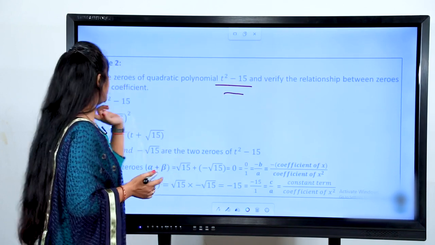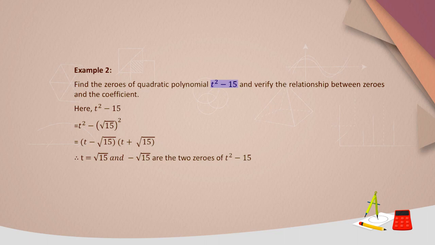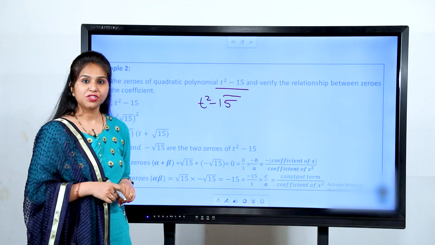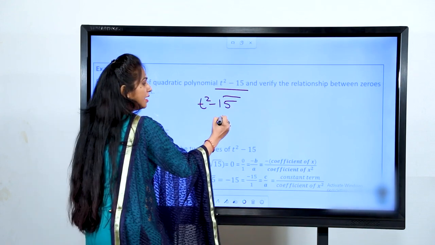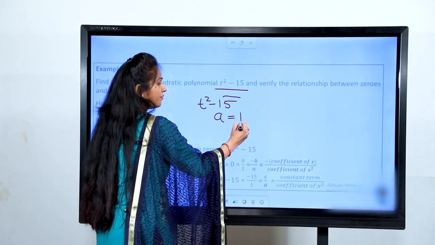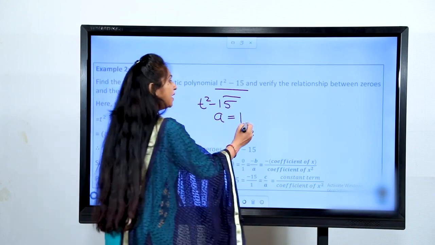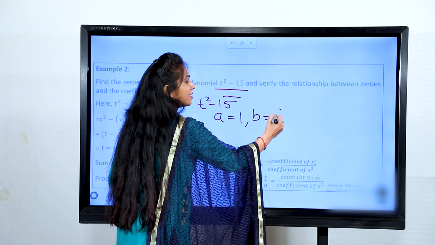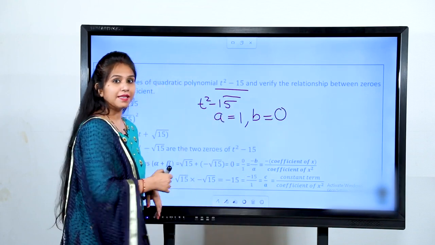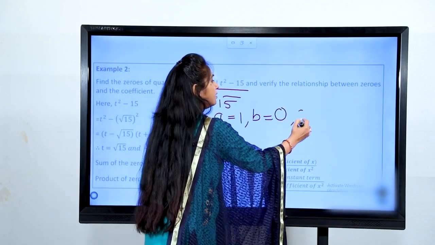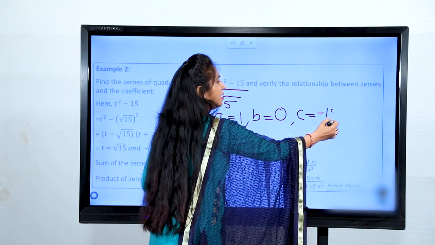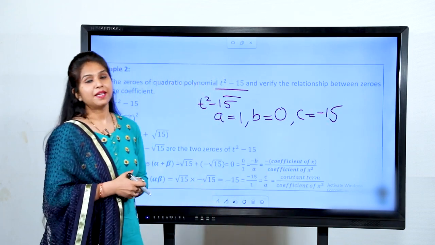When you compare t square minus 15 to the standard form of a quadratic equation, a is equal to 1, the coefficient of t square, b will be 0 as there is no middle term in this case, and c will be minus 15. So these are the values of a, b and c.